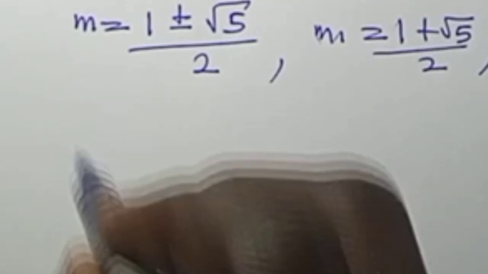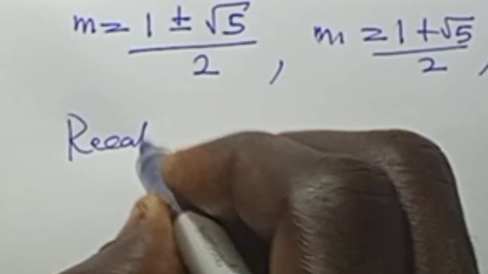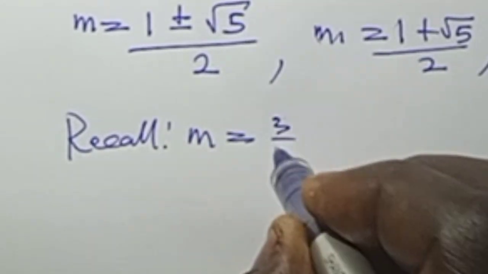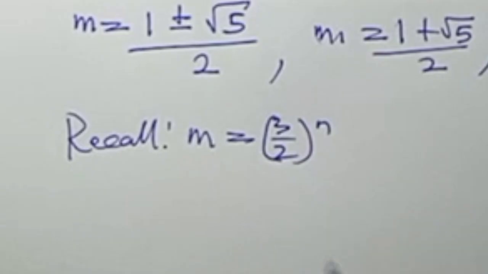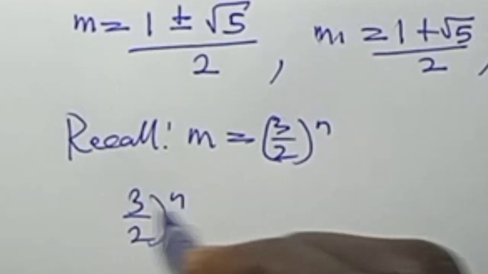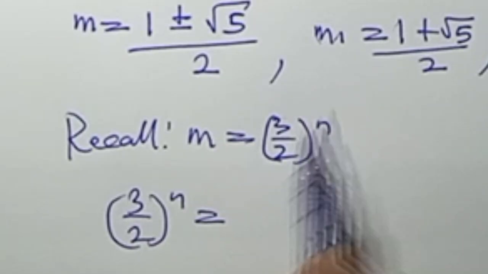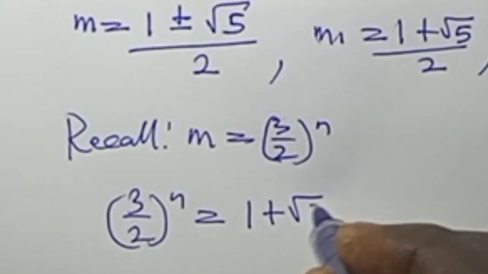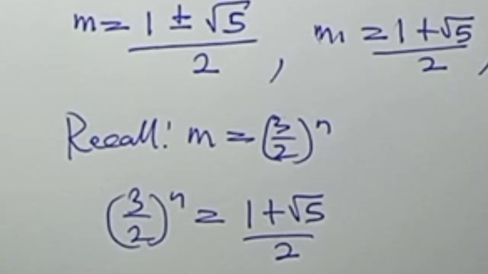So to continue, recall that m was represented as (3/2)^n. So that (3/2)^n will therefore be equal to m1, which is 1 plus square root of 5 over 2.